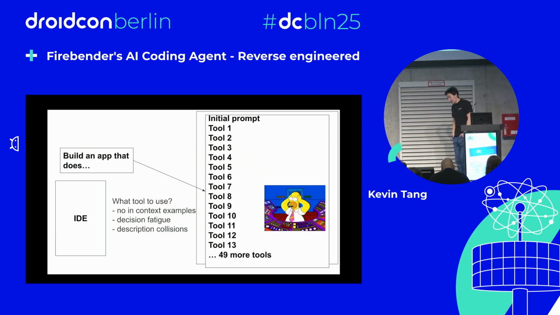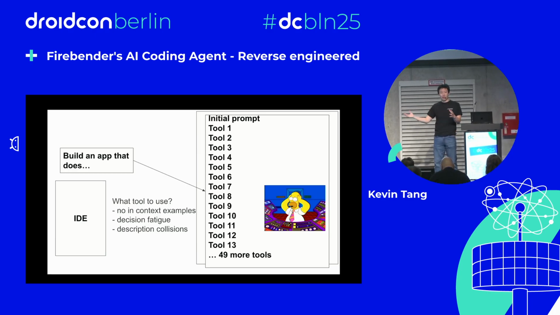In reality, a lot of engineers quickly find out, as we did, that whenever you start increasing the tool count that goes into an agent, you increase the decision fatigue of these LLMs. You also decrease the chance for there to be in-context examples of the tool.